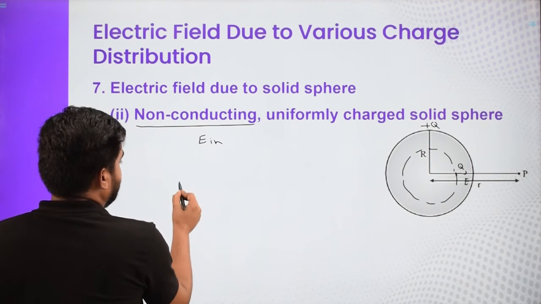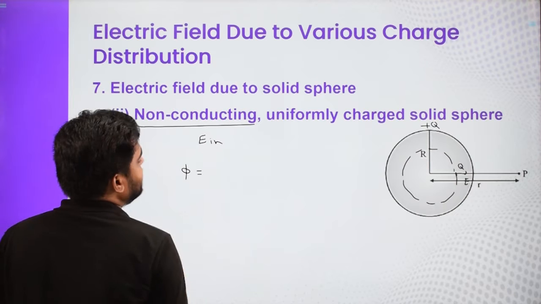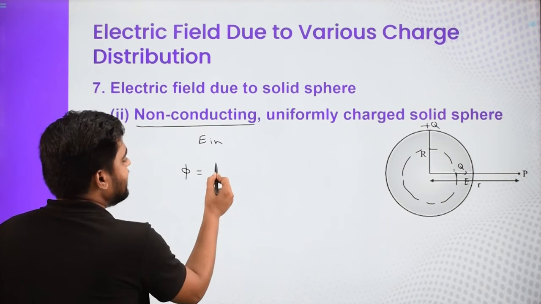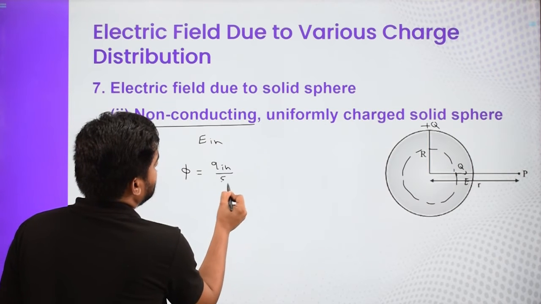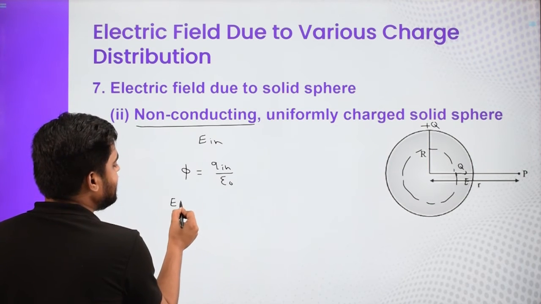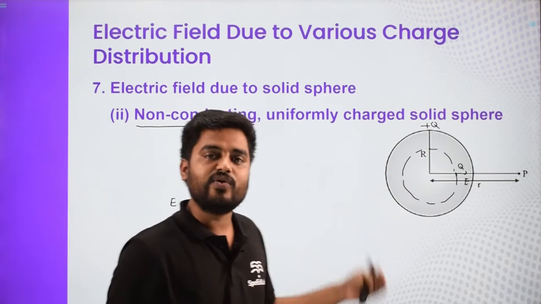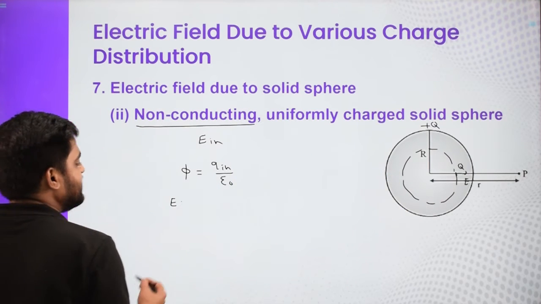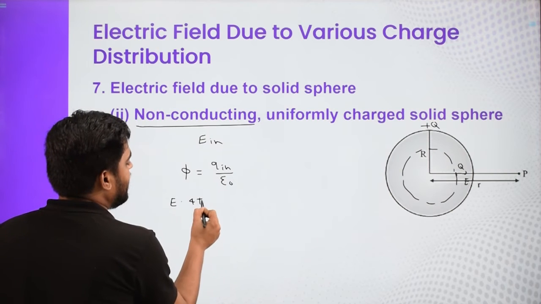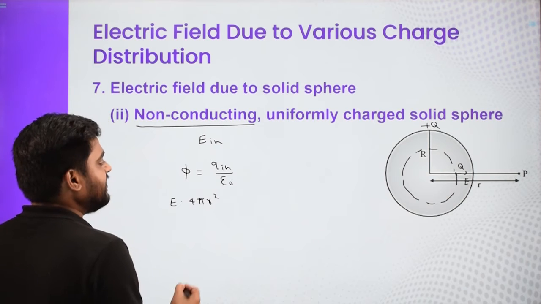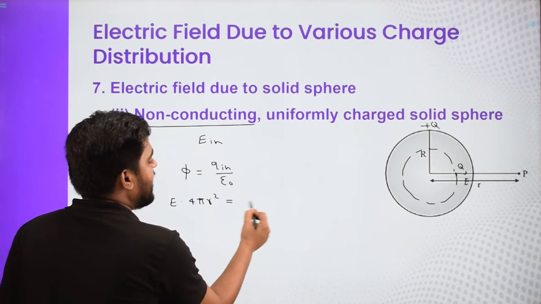When I apply Gauss's theorem, the total flux passing through that Gaussian surface which I just drew is nothing but Q in by epsilon naught. So what is the flux? Flux is E times, if the electric field is E in magnitude, then it is going to be radially away only, given that it is a positively charged sphere, times 4 pi R square, and we know that cos theta will be cos 0, which is 1, so I am not writing that. And then what is Q in by epsilon naught?